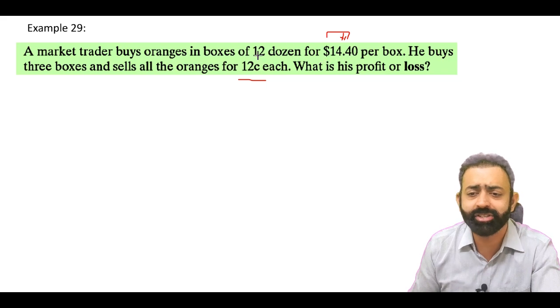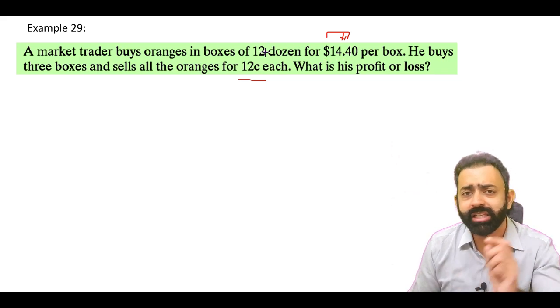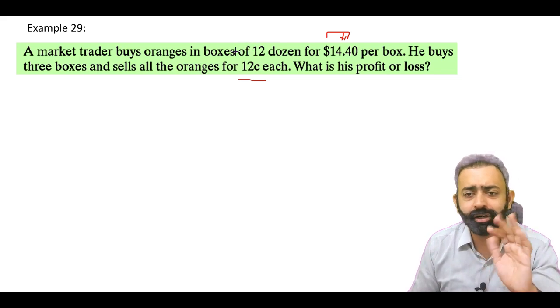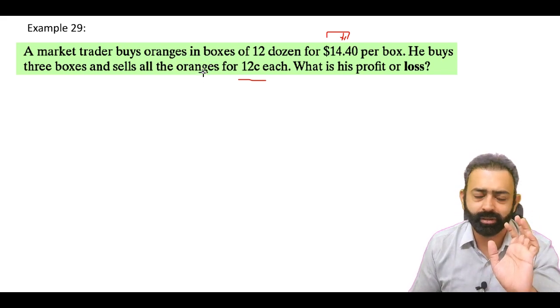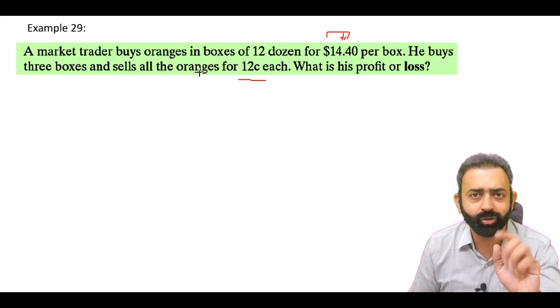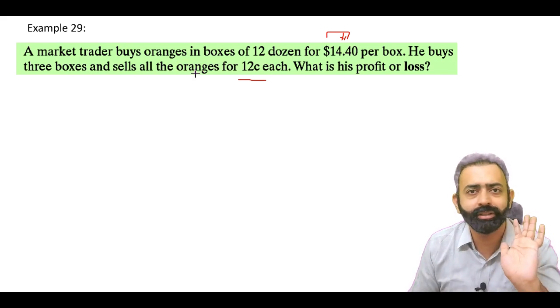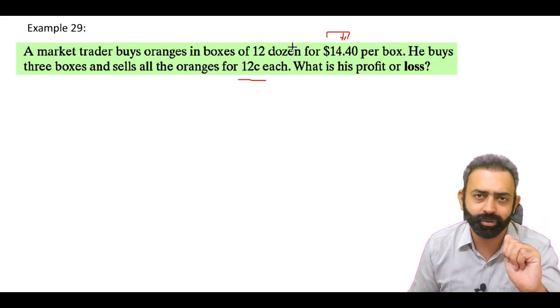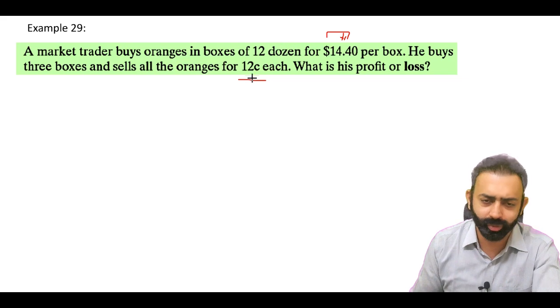Either you convert the cost price of each orange and find the answer in cents, or you find the selling price of all the oranges in the 3 boxes and then compare with this 14.4 per box.